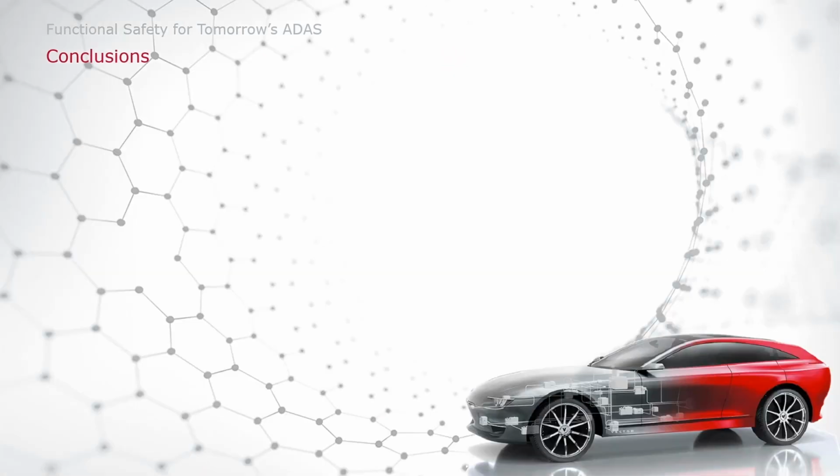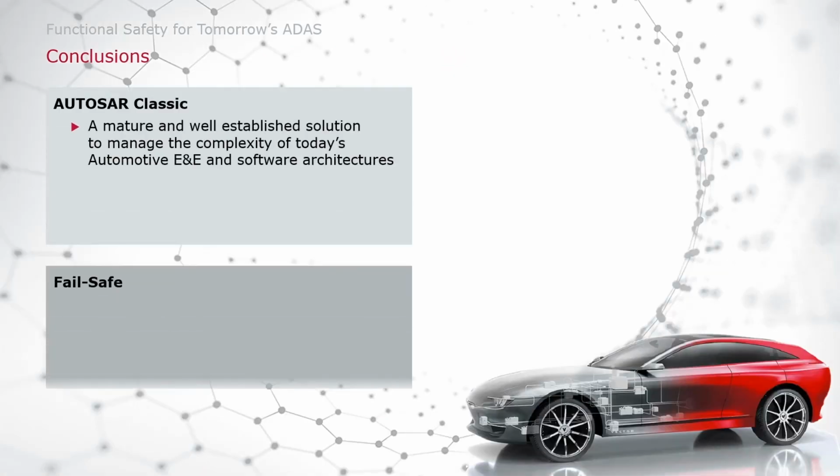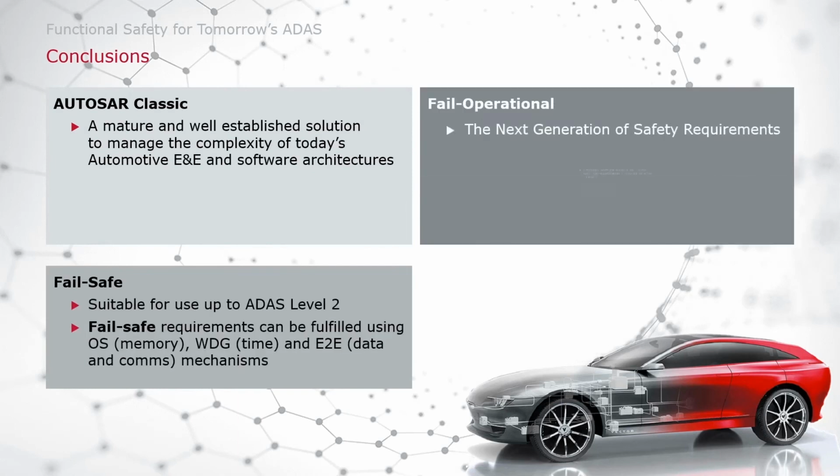Okay, so that's it from me today. For conclusions, AutoSAR Classic that we have in place today is a well-established solution and has been using fail-safe mechanisms with operating system, memory protection, watchdog timing protection, and data protection using end-to-end protection mechanisms. And those freedom from interference mechanisms have allowed us to build fail-safe ECUs, which are suitable up to ADAS level 3.